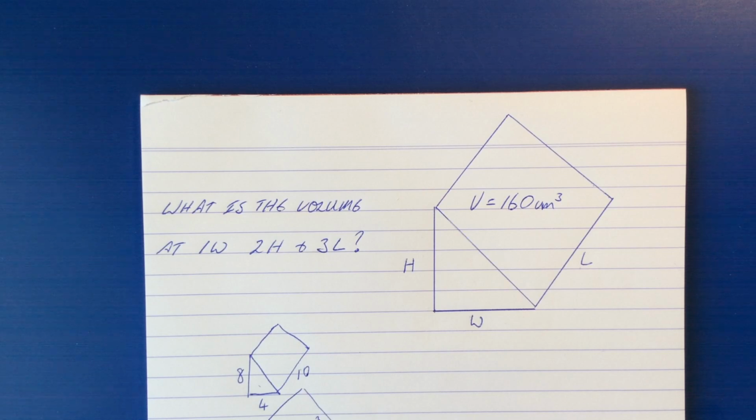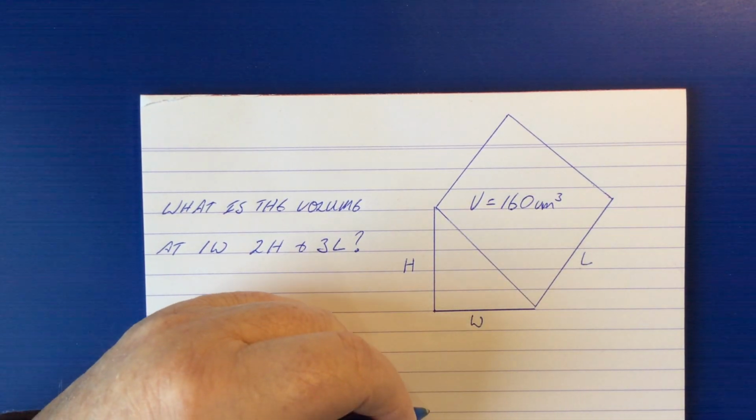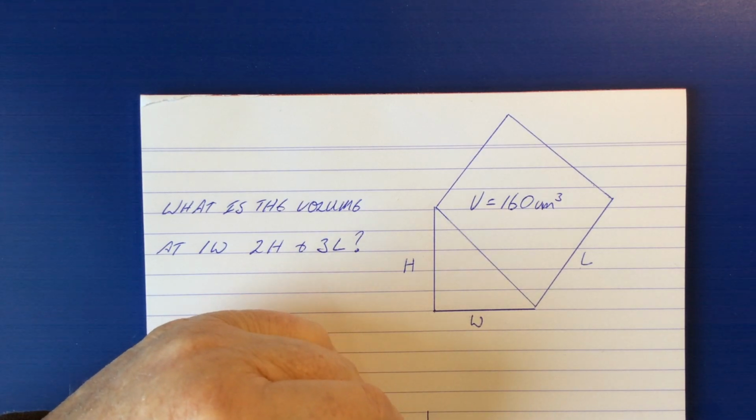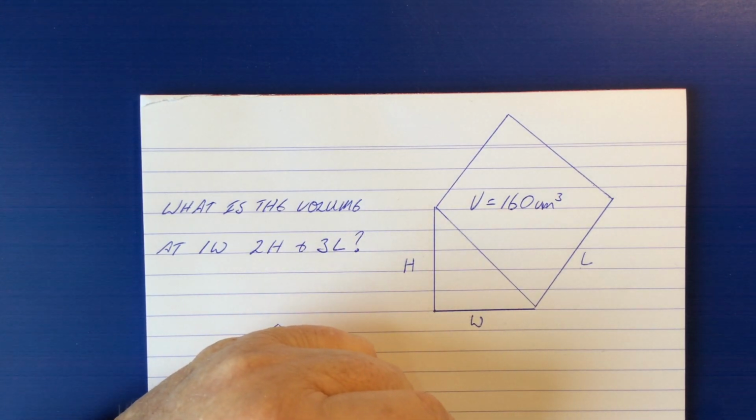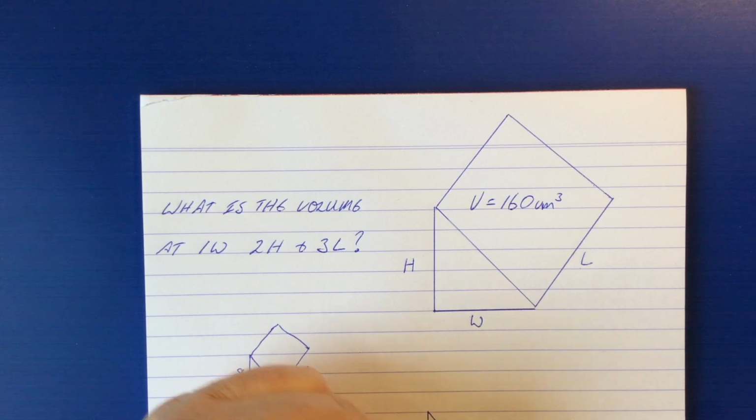But how do I know that I just haven't got lucky somehow? So I thought about some other ways in which I might do this, and I came across one other which I'll show you.